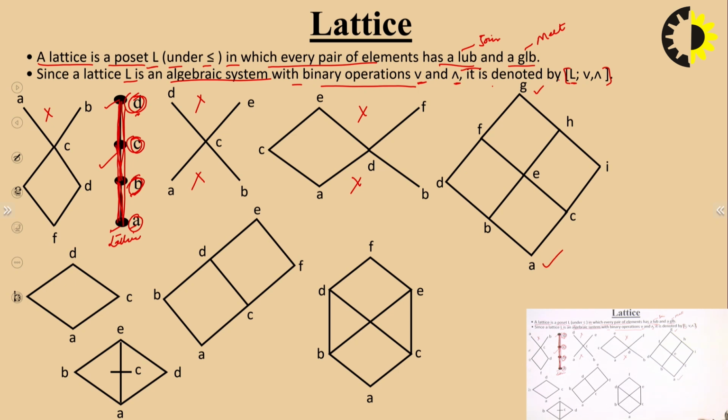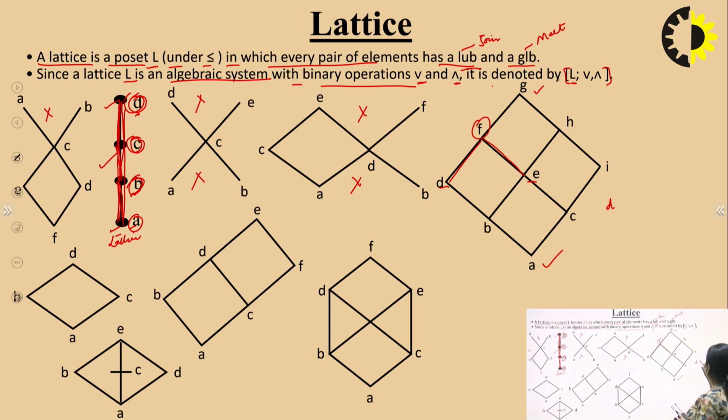Yes. Now we have to search for each and every pair the least upper bound or greatest lower bound, that is meet and join. So let us take D and D. For D and D, the very first point of meeting is F. So F will be their join.